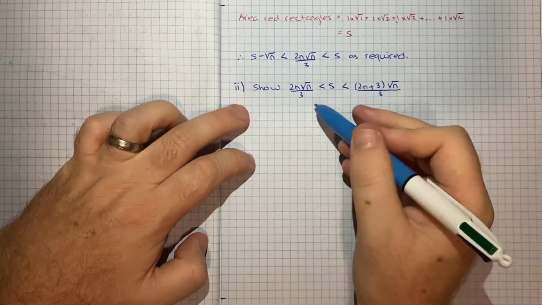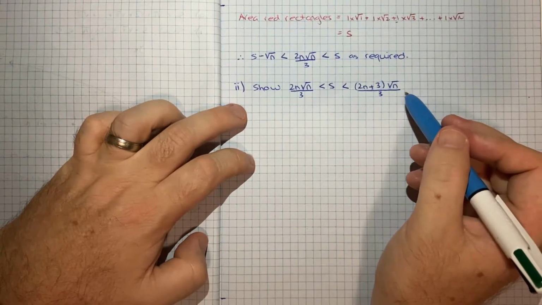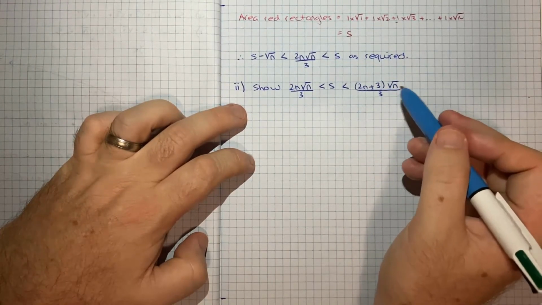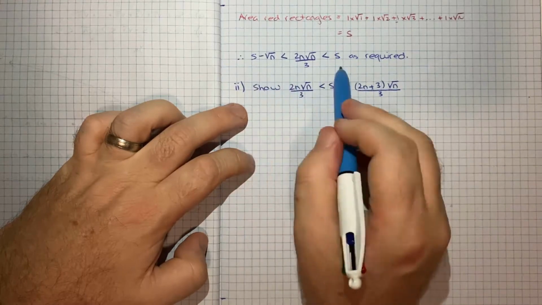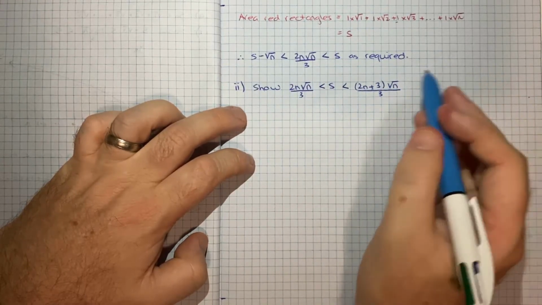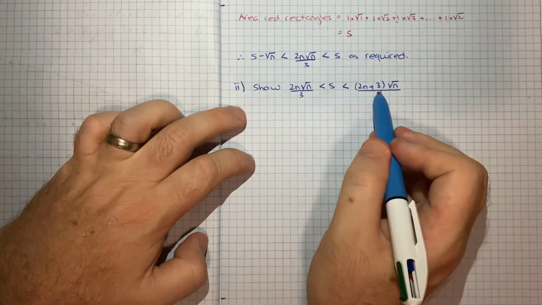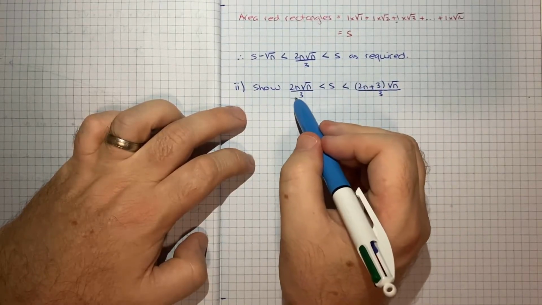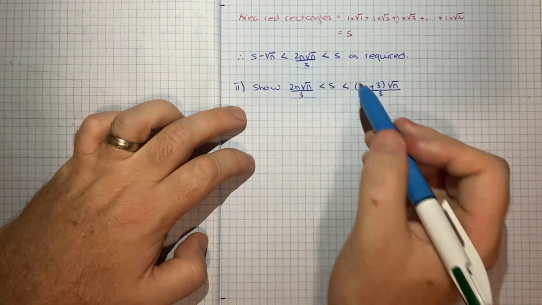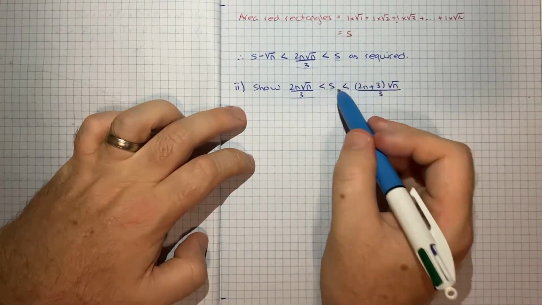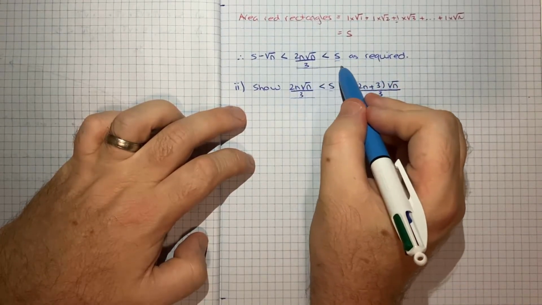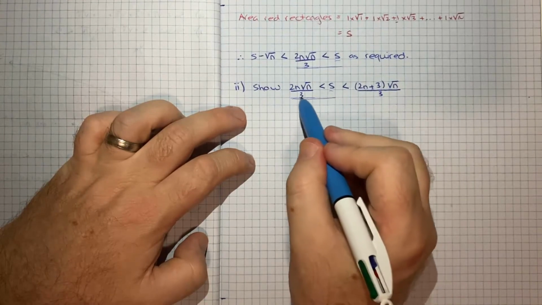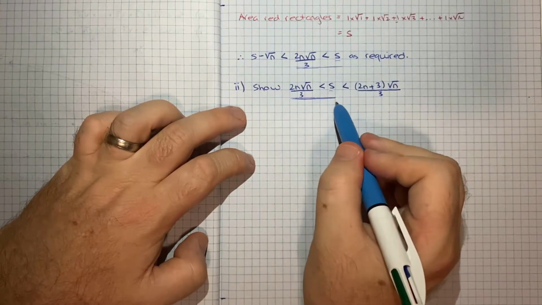Now whenever you see a hence in a question, that's kind of the question writer guiding you to say, maybe try thinking about what you just showed. We can see what we're trying to show here in part 2. A lot of those components are up here already, especially this 2n root n on 3. And there's an s there too. Actually, this part here, we can take directly from part 1.